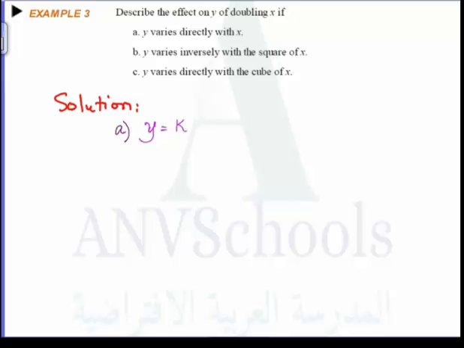So this is y = kx, okay? And our k is the constant of proportionality, or the variation constant.